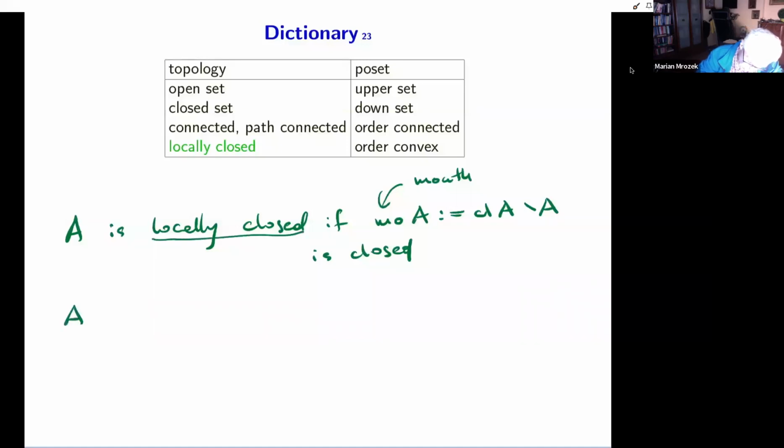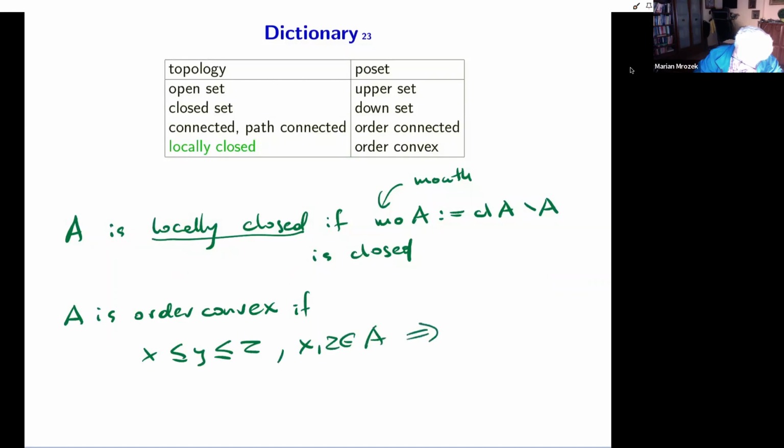And if A sits in a poset, then A is order convex when you have the situation that y is sandwiched between x and z, which are both in A, then y must also be in A. So these two concepts correspond to each other in this Alexandrov correspondence. And this is useful for applications.